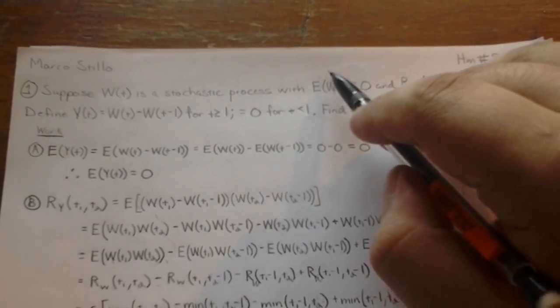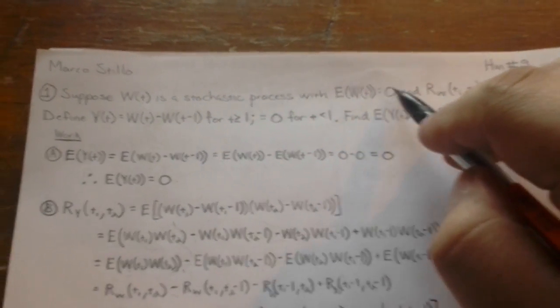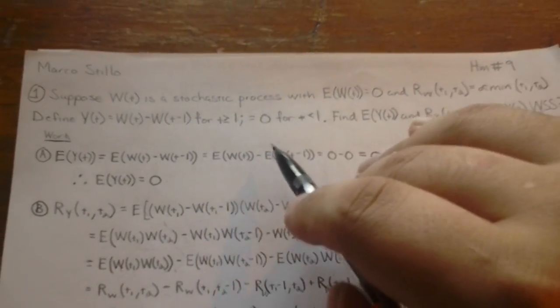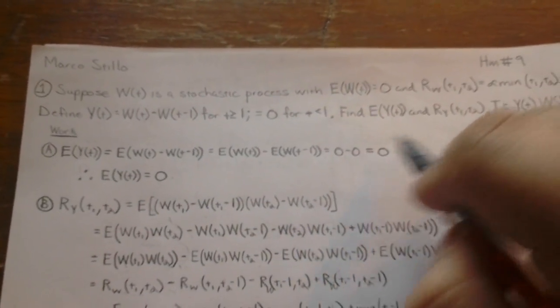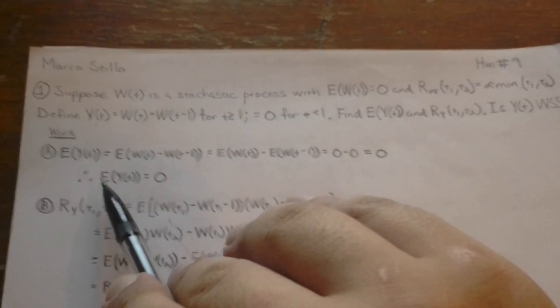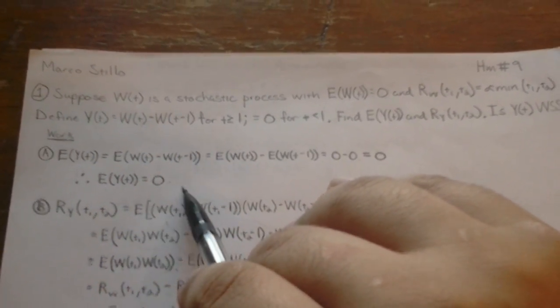Given how we defined it, the expected value of W at any time point is equal to 0, so this is equal to 0, this is equal to 0, so the whole thing is equal to 0. So our final answer is the expected value of Y of t is 0.